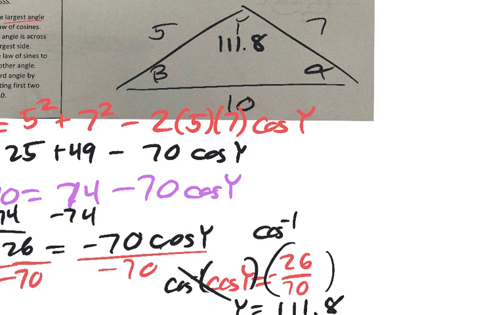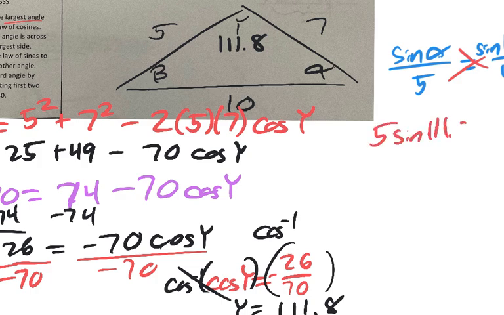This would be sine of alpha over 5 equals sine of 111.8 over 10. Cross multiply: 5 times sine of 111.8 equals 10 sine alpha.